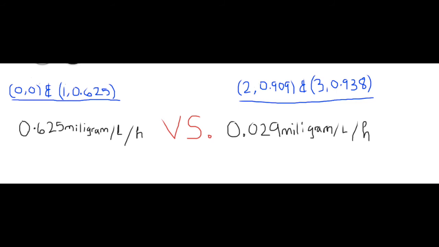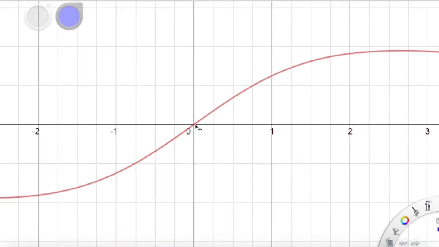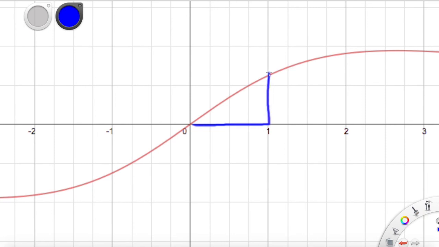Now let's compare the slopes. Which one of the two is higher? We can conclude that the slope between the points 0, 0 and 1, 0.625 is much higher. This is because the rise over run is much higher between these points, as shown above.